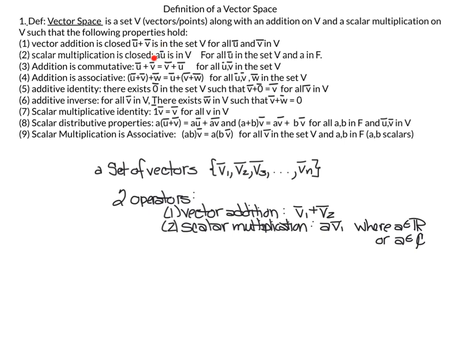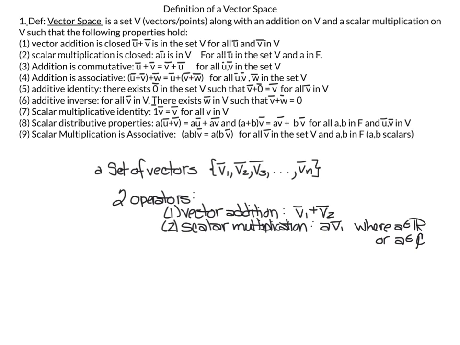So when you multiply a vector times a scalar, you have to stay in your set V. Third, addition must be commutative, so u plus v must equal v plus u. Addition is also associative. So (u plus v) plus w, where you do the u plus v first, should equal u plus (v plus w), where you do the v plus w first.